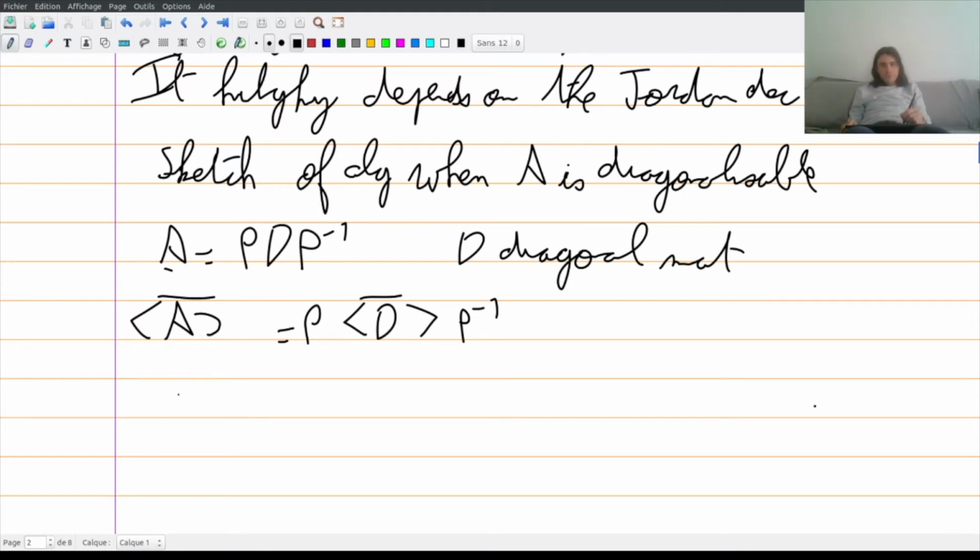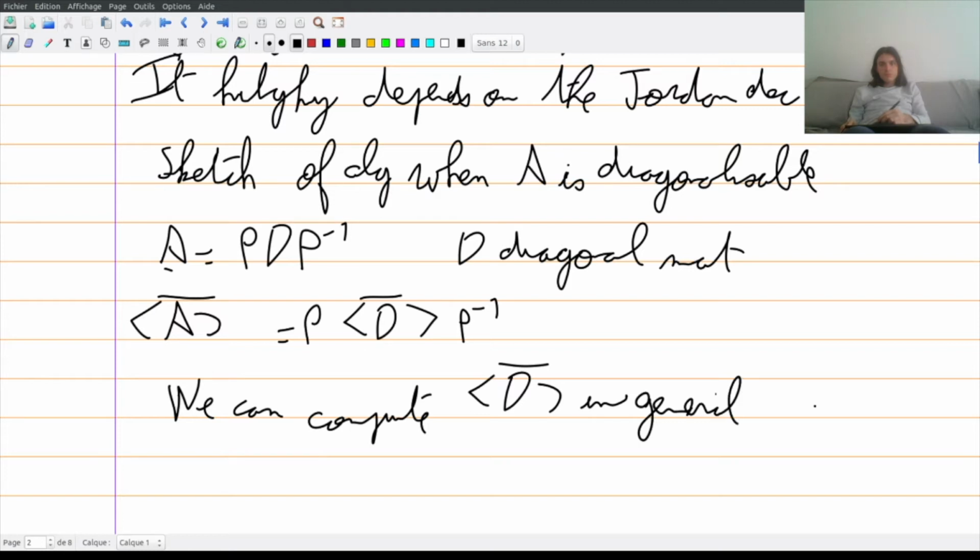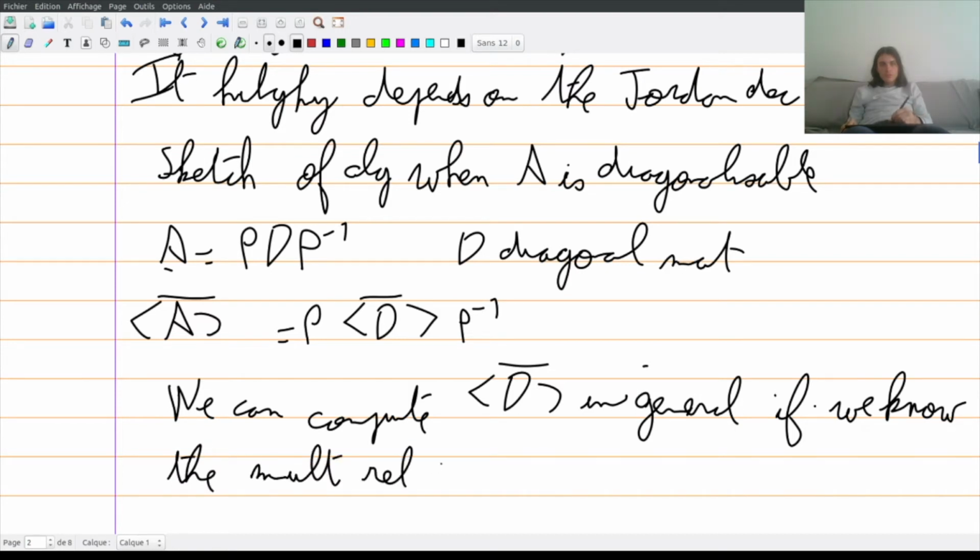And so we can compute it in general if we know the multiplicative relations among the eigenvalues.